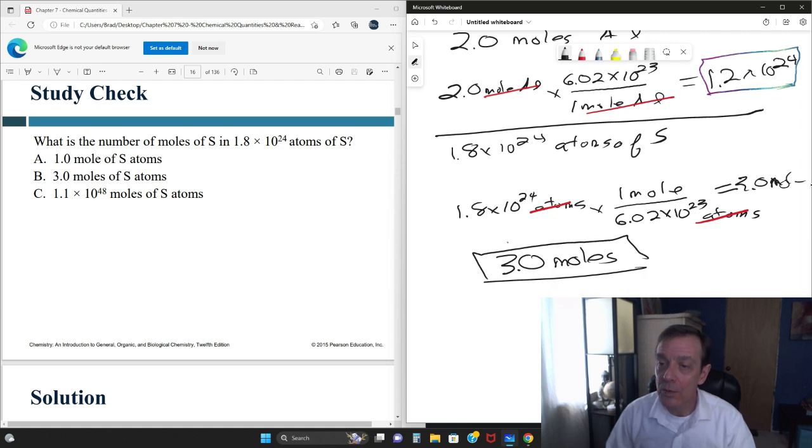So 1.8 times 10 to the 24th atoms is equal to 3.0 moles.